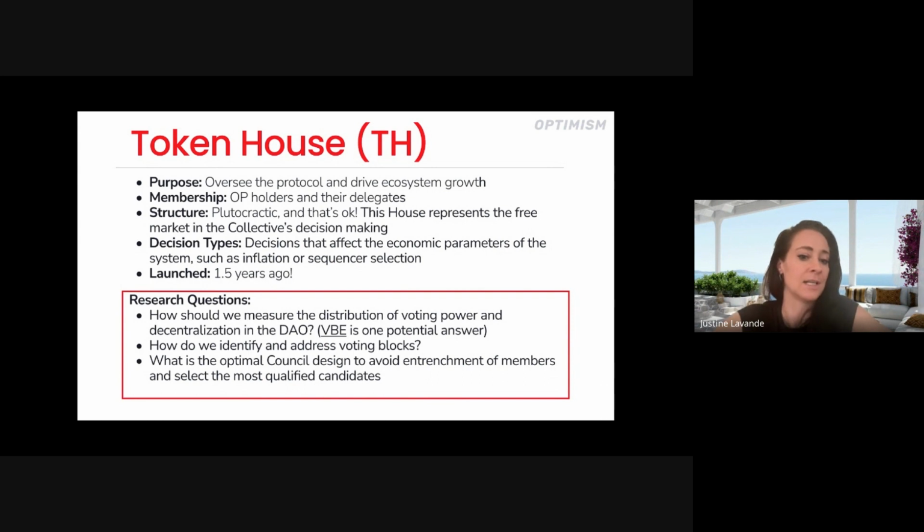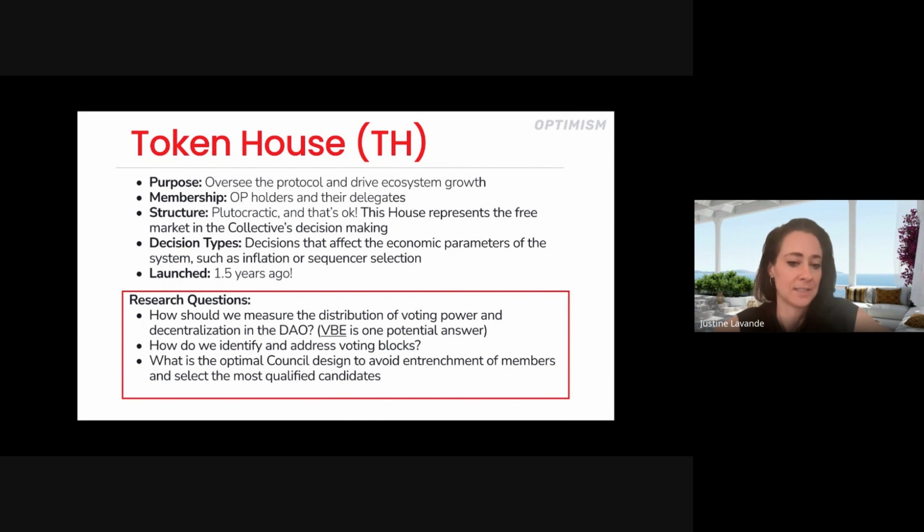Ways people do it now are the Nakamoto coefficient, or the Gini coefficient, or Vibe is another one that was proposed by a group of researchers. It's hard to measure this for many reasons. So it's something that we're looking into, how to measure that and then see how different parameters either increase or decrease it.